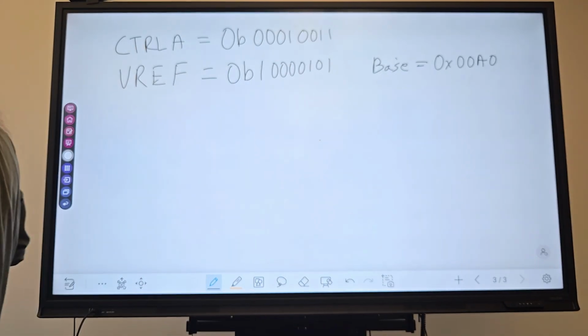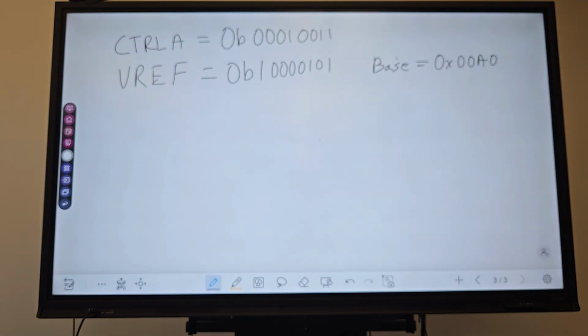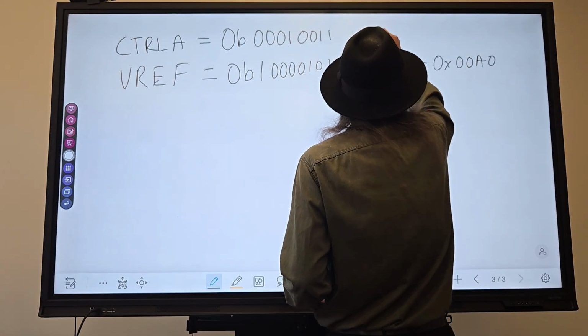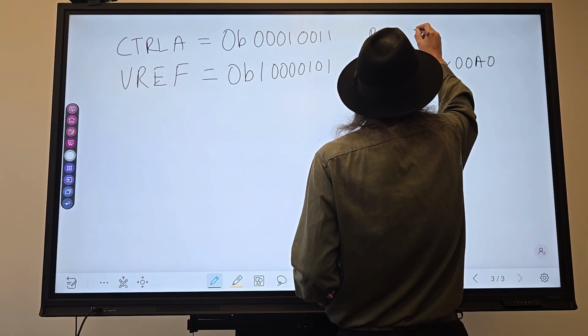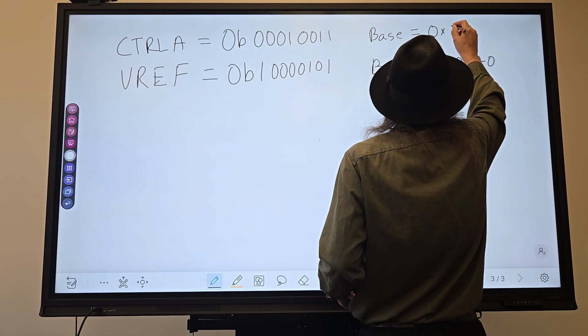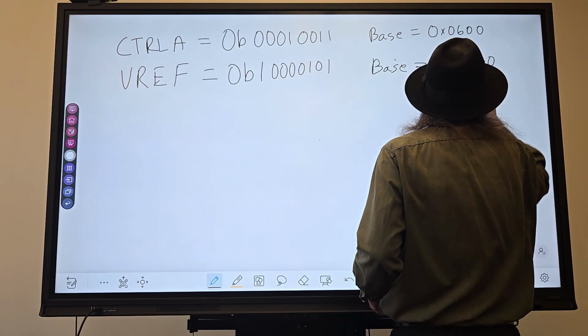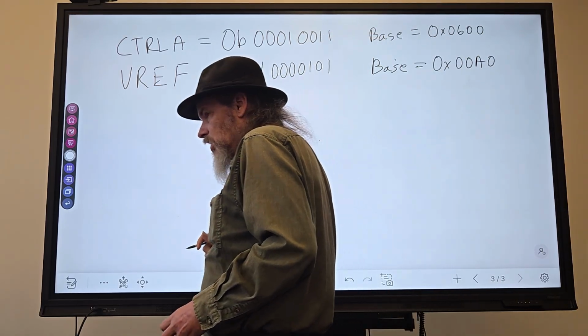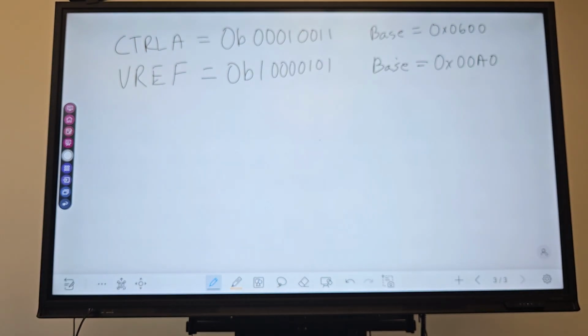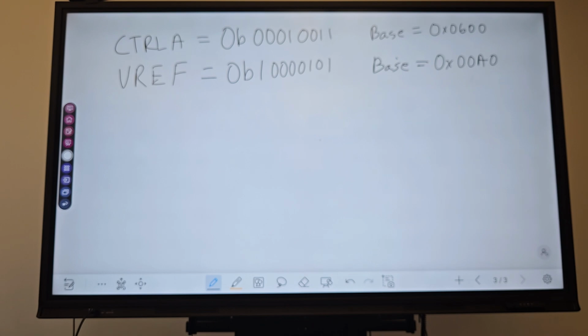And the ADC base address is 0600. So those are the two addresses that you will be using as the bases for setting and retrieving information from the peripherals.